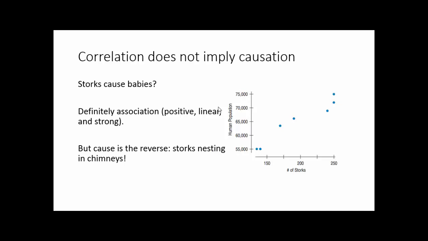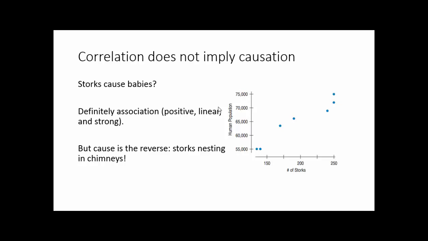So what's going on here? Well, it turns out that the reverse is actually happening. There are lots of people that live in a particular area, and the storks prefer to nest in chimneys, this species of stork, and so there are lots of chimneys for the storks to nest, and therefore there are lots of storks.